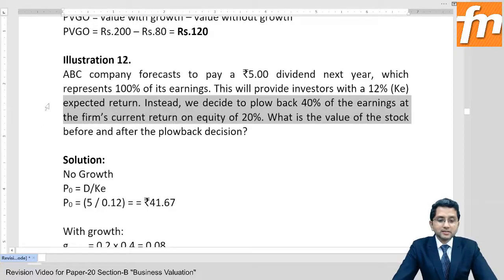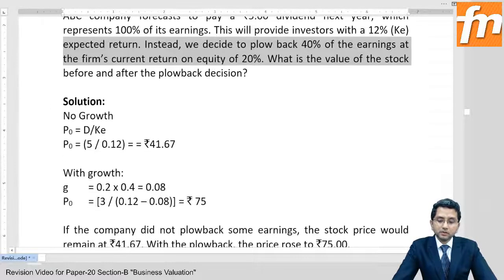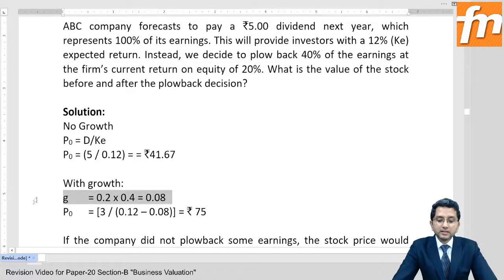So growth rate is simply 8% now. Look here. The growth rate is 8%. Now, dividend for the next year won't be 5 rupees. It will reduce to 3 rupees. Yeah, 40% you are retaining. It means that 60% you are paying out. So 5 rupees into 60% is 3 rupees.